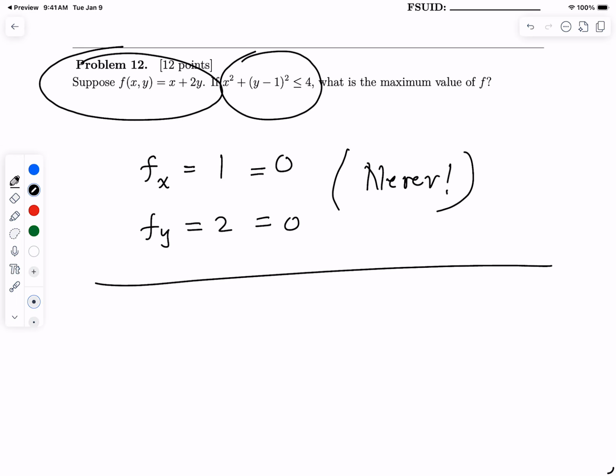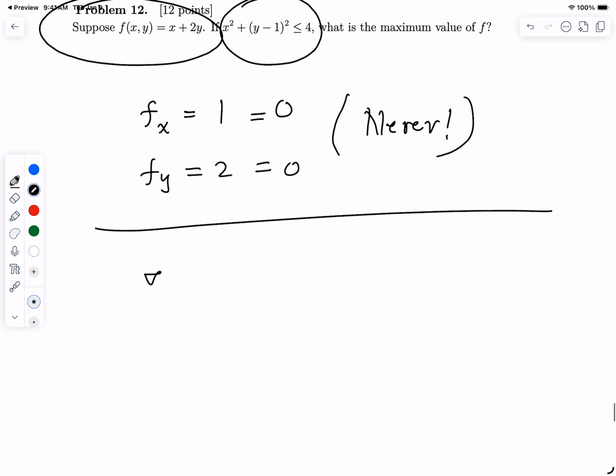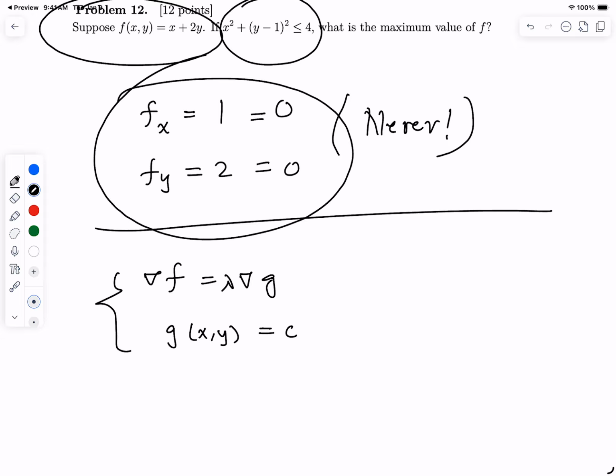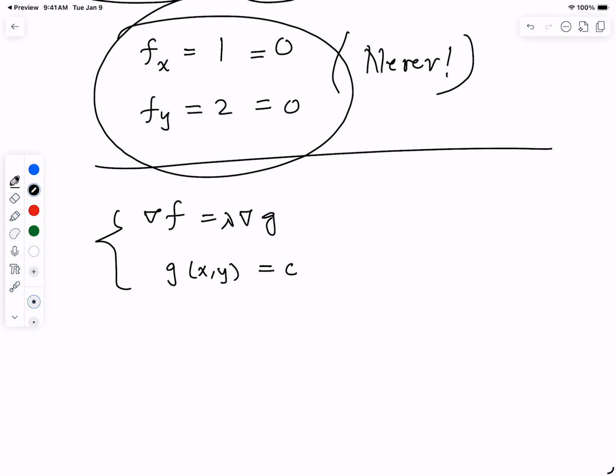What I can do now is Lagrange multipliers, and solve this system. This meant that I did not find any critical points or any max or min values inside the region. Now I'm looking at what happens on the boundary. Okay, how to compute these things? I think after this we are done.